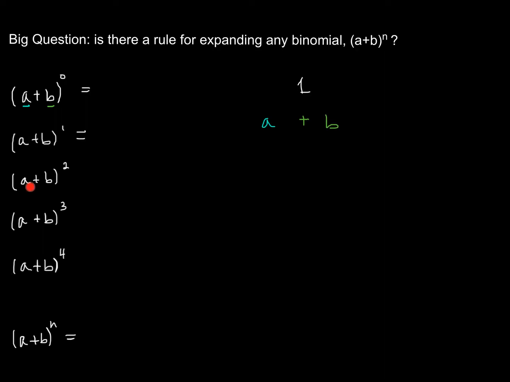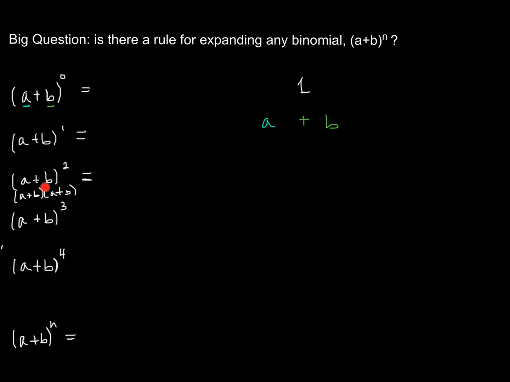Okay, what about a plus b squared? Well, here, remember, this is a plus b times a plus b. So what is this going to be equal to? Well, I multiply it out, and what I have to do is take a, and I can't just multiply it by a. I have to take this first term, and I have to multiply it by both pieces here, okay? So I have to do a times a and a times b.